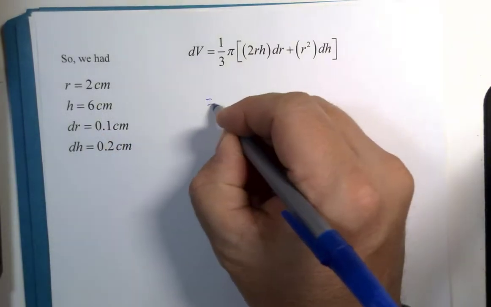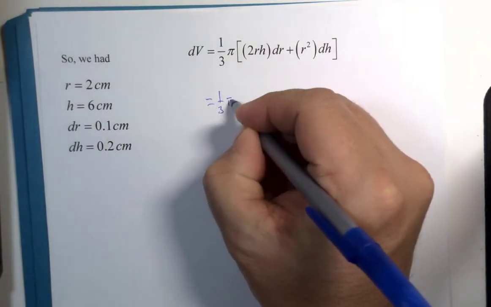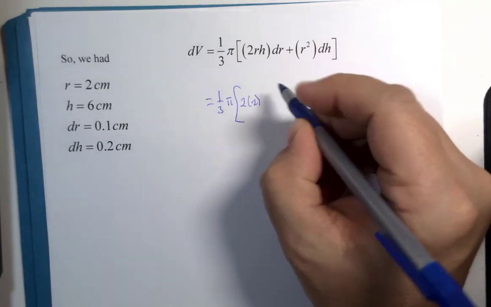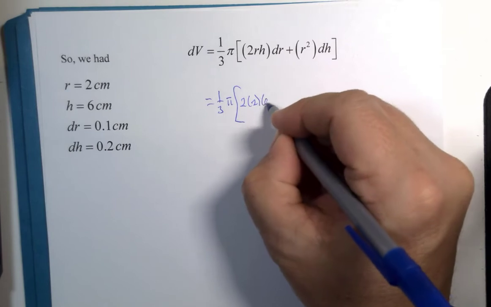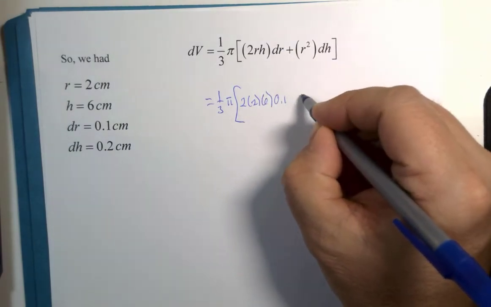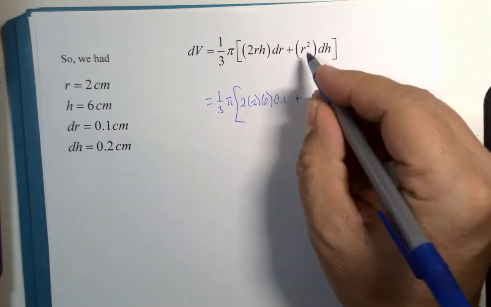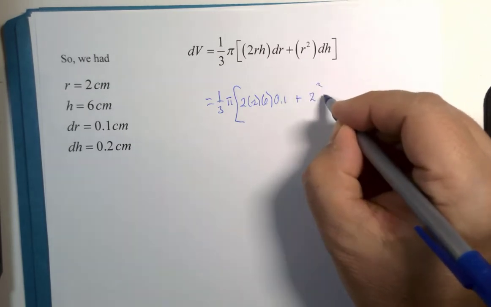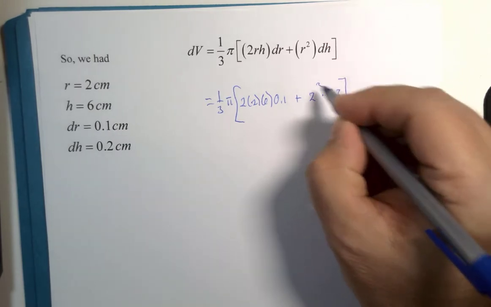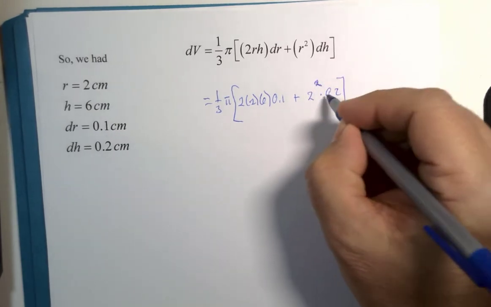If the radius is 2, we have 2 times 2, and the height is supposed to be 6, and the dr is 0.1, plus r squared would be 2 squared, and dh is 0.2, and oh, that is quite messy and hard to read.